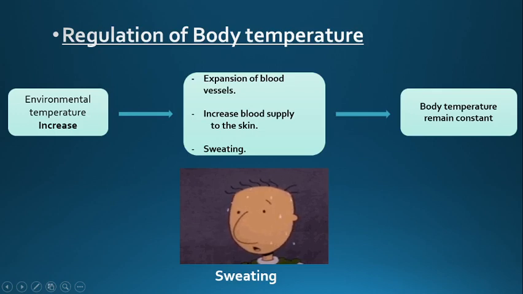There are some other events in which we sweat, like when we are exercising, or if we are afraid of something. In those events also the sweating starts, but it is not to regulate the body temperature. It is another function.